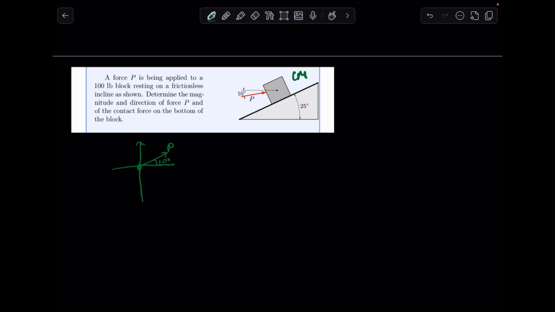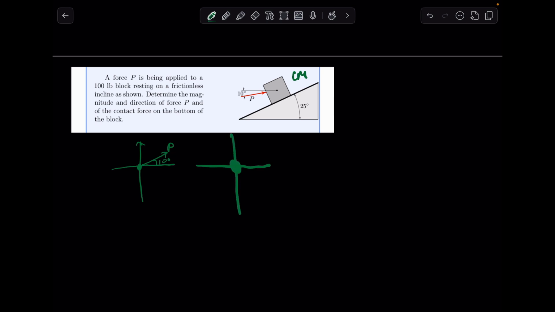Actually, let's start with our normal force. We have a normal force here, which is perpendicular to our surface. This is called a normal force. So the normal force is always, by definition, perpendicular to our plane, to our floor in this case, or to our surface. So we have our perpendicular force, which is called our normal force. Okay. Now we're going to make our little diagram here for our normal force.